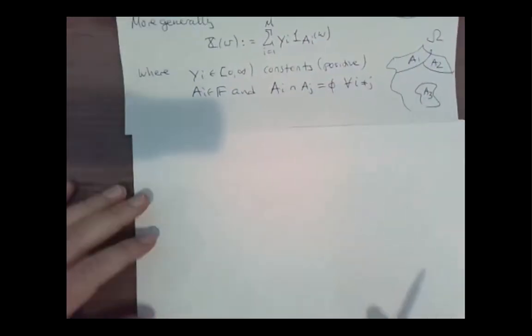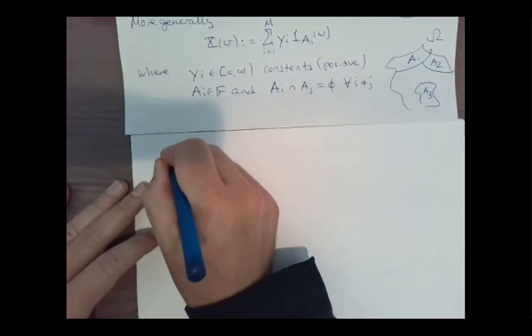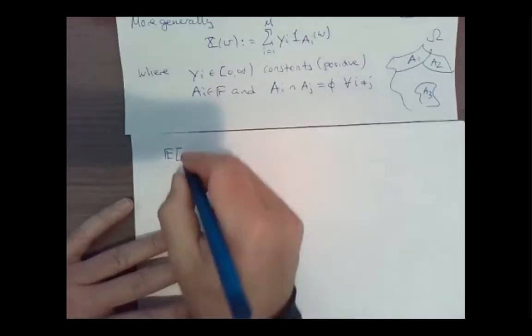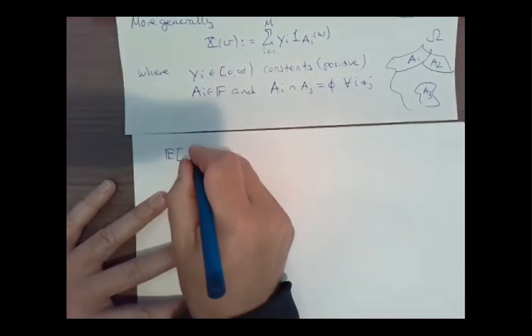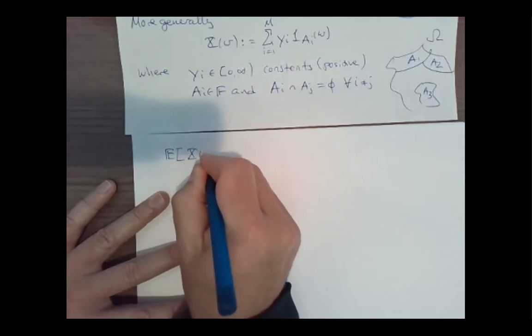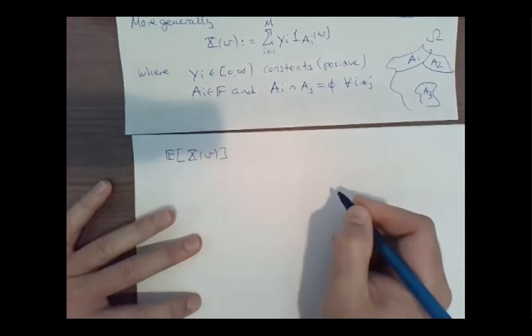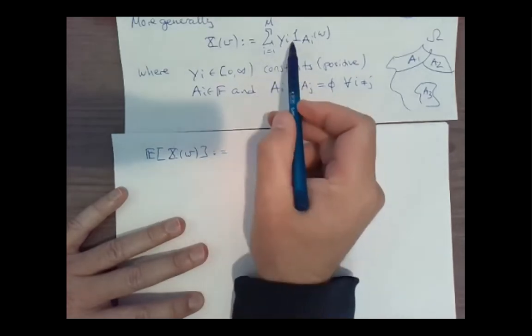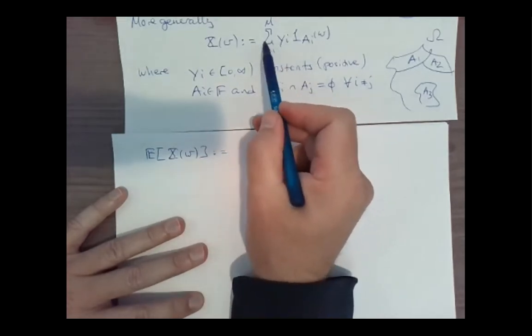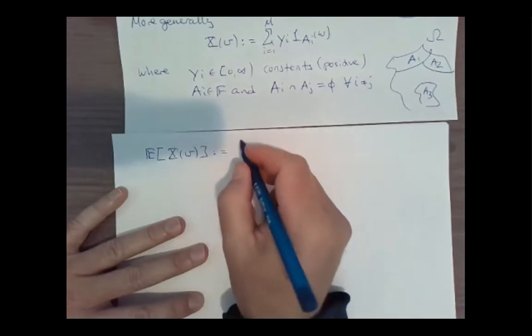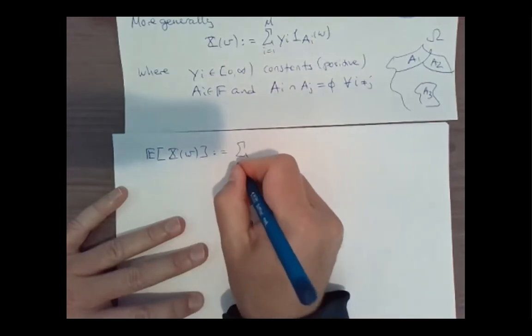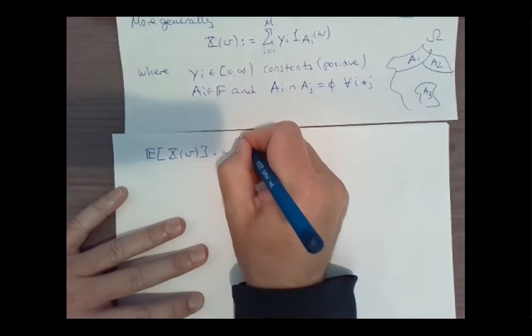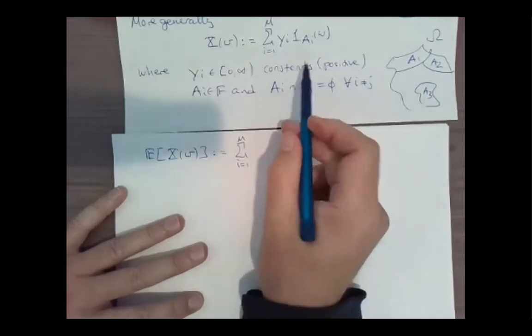So how would I do the expectation now? The expectation of this random variable is going to be the expectation of X of omega. How will we do that? Well, the y_i's are constants. We want the expectation to be linear, so I'll pull out the finite sum, and I'll pull out the constants.